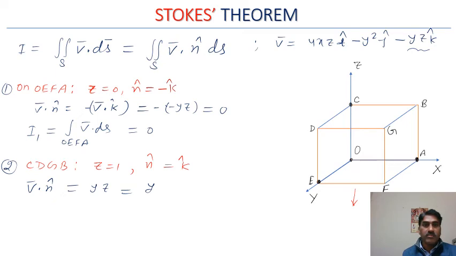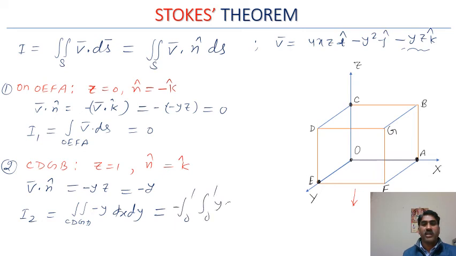Let us say this is integral I2 on the surface CDGB. So this is the double integral of minus y, and on this surface x varies and y varies, so it is dx dy, with limits 0 to 1, 0 to 1. After evaluation you get minus 1 by 2.